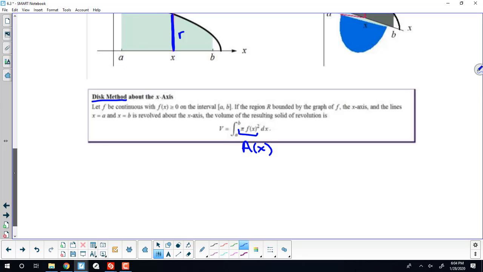If it says find the volume of a solid by revolving this around a certain axis using the disk method, then you've got to remember this formula. If you're going to use the disk method, it has to be pi f of x squared. Does anyone have any questions on this initially?